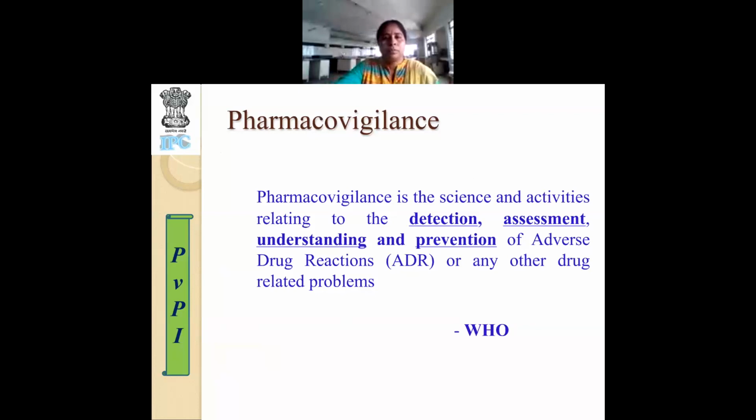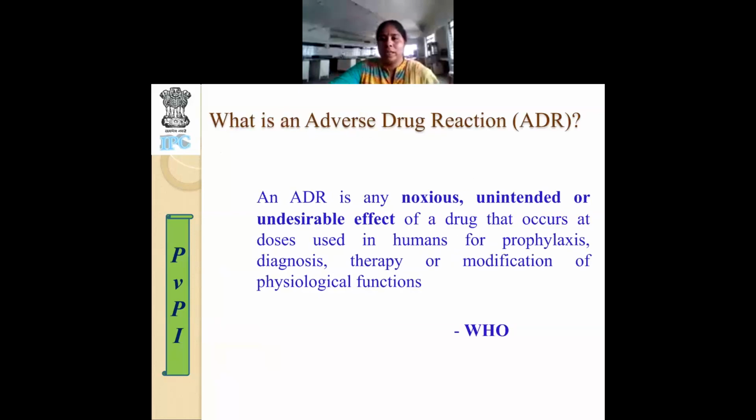Coming to what an adverse drug reaction is: pharmacovigilance involves adverse drug reaction reporting, so you should know this. It is any noxious, unintended, or undesirable effect of a drug. When you give a drug to a patient for treating one condition, it may also produce unwanted effects, which may be noxious or undesirable.